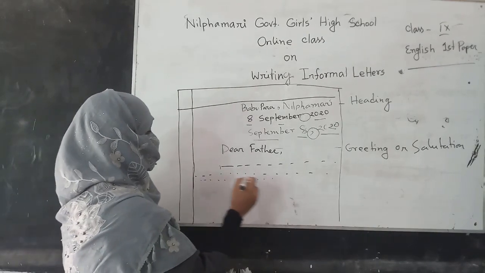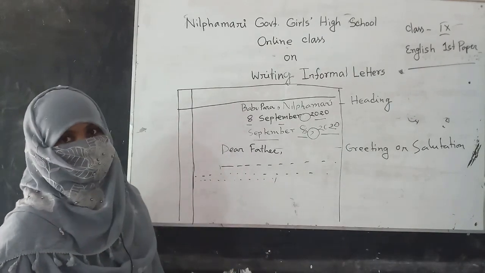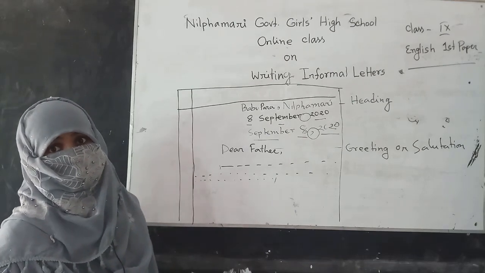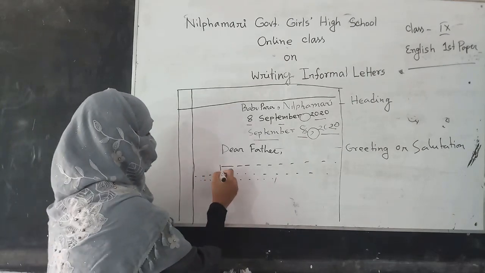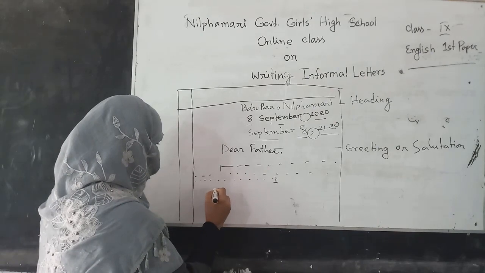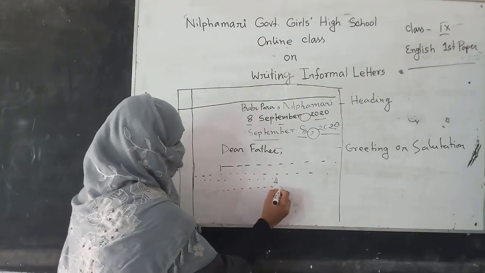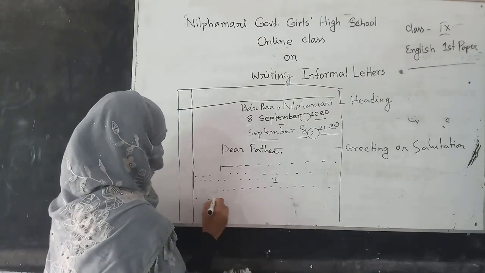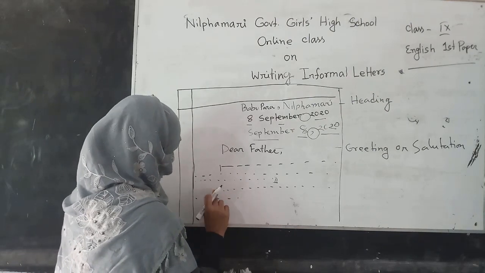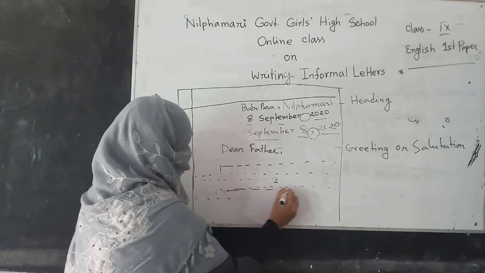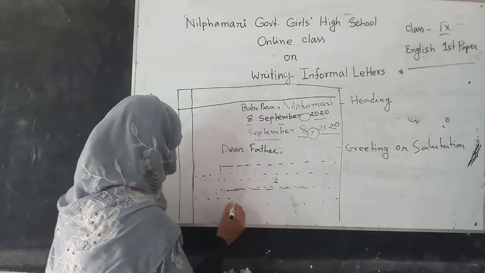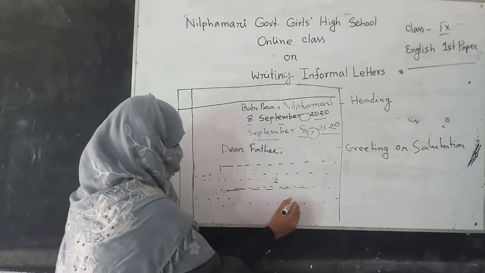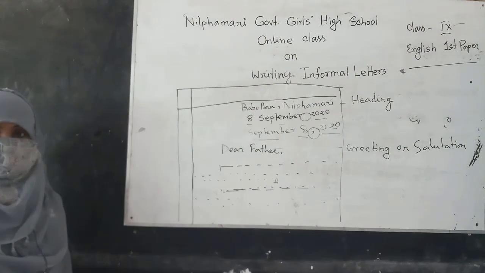The first one is where you write, how are you? I have just received your letter. These things are in one para, and the main points in another para. That is, the body will be divided in 3 parts.